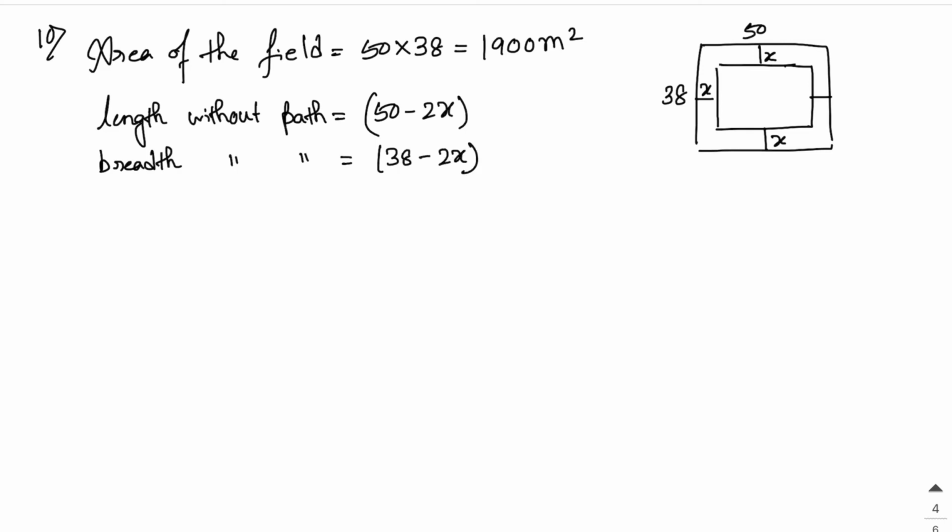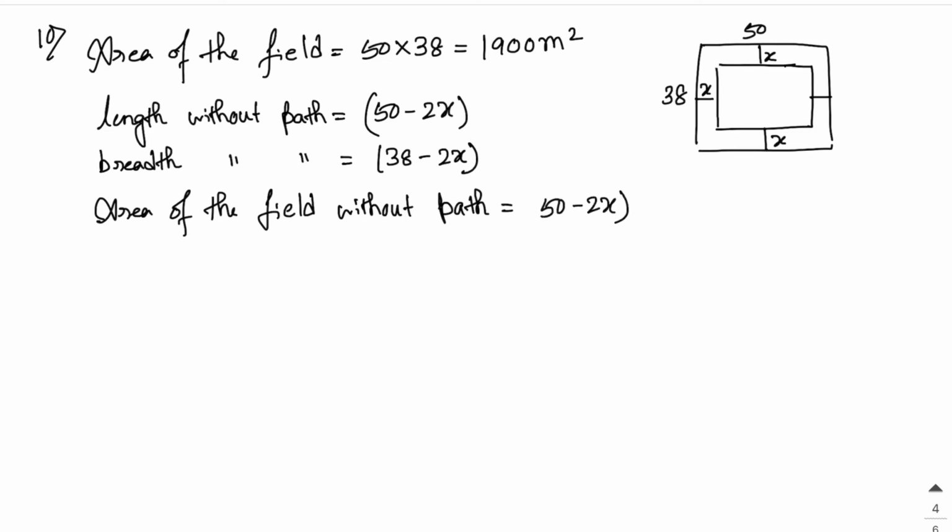So now the area of the field without path equals 50 minus 2x into 38 minus 2x. So that is the area of the middle portion, that means that one.